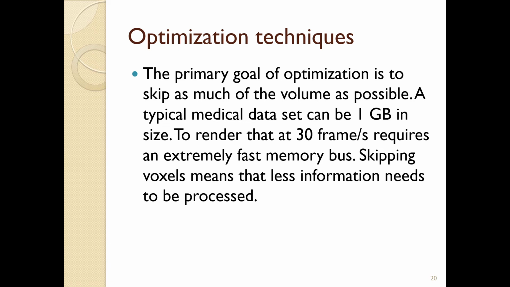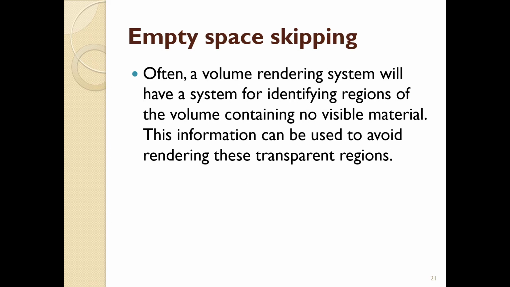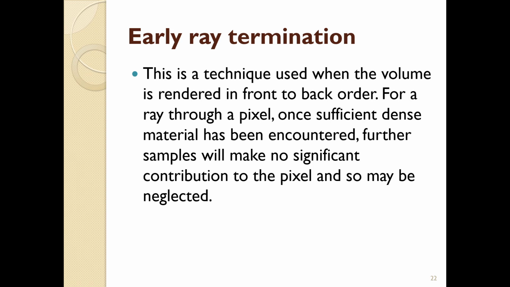Optimization techniques. The primary goal of optimization is to skip as much of the volume as possible. Empty space skipping. Often a volume rendering system will have a way of identifying regions of the volume containing no visible material. This information can be used to avoid rendering these transparent regions. Early ray termination.